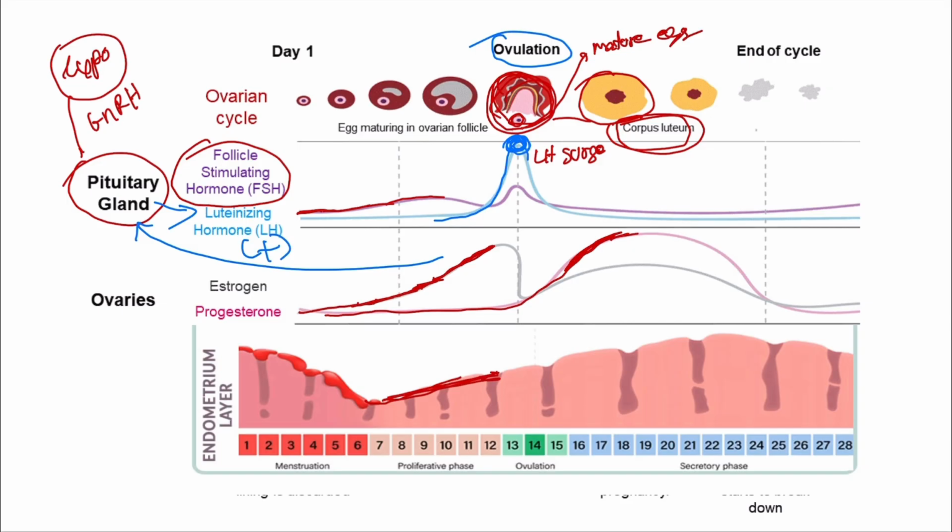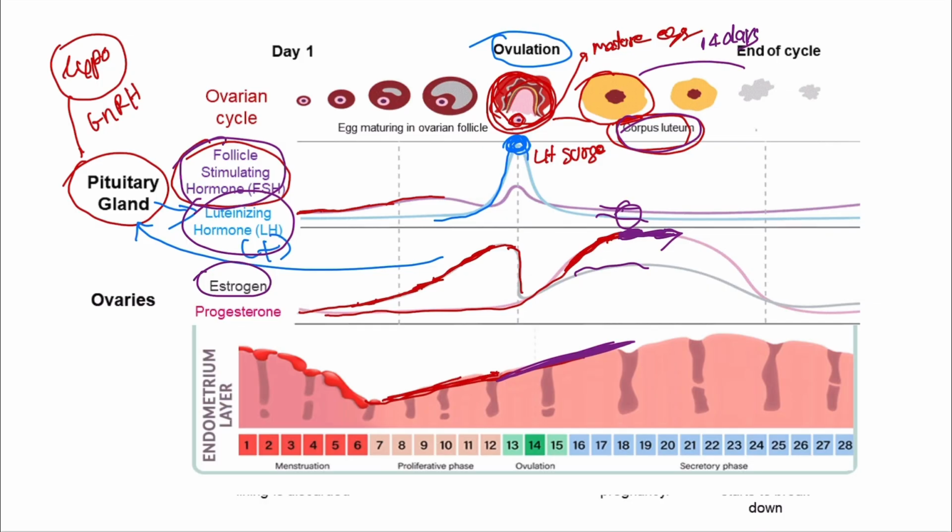Estrogen and progesterone's role is to thicken the endometrium; you can see the thickness of the endometrium here. But one of their roles is also to give negative feedback to the pituitary gland and the hypothalamus to stop releasing all the hormones like FSH, luteinizing hormone, and also estrogen. That's why all the hormones here start to decrease, and only progesterone increases. The corpus luteum will break down 14 days after ovulation day.